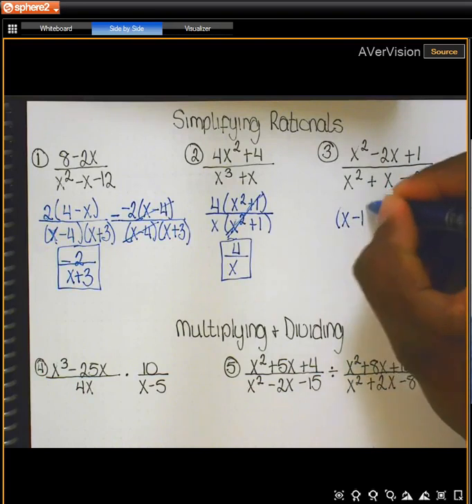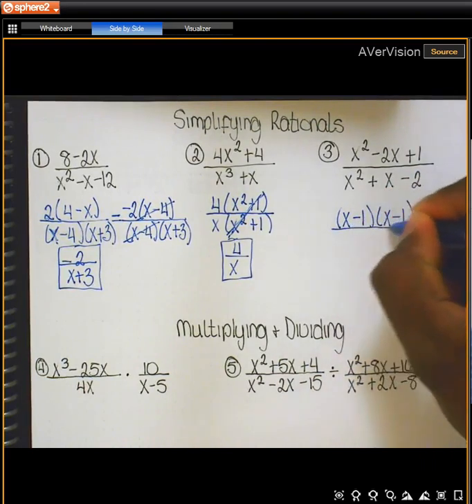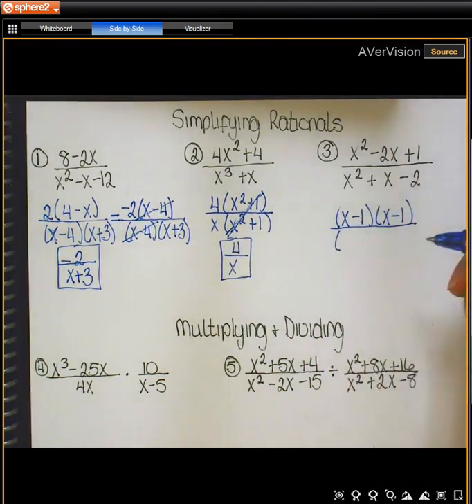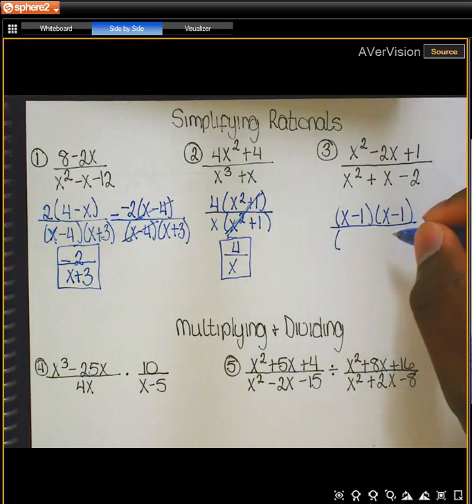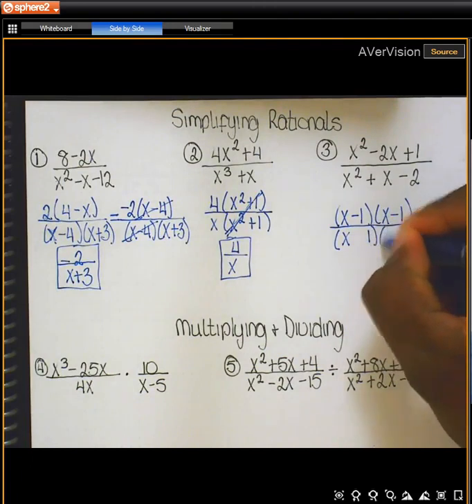But yes, numerator is x minus 1, x minus 1. And denominator is someone other than Kristen. I agree with the 1 and the 2, but not the signs.